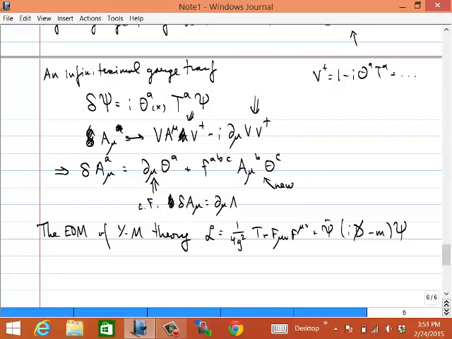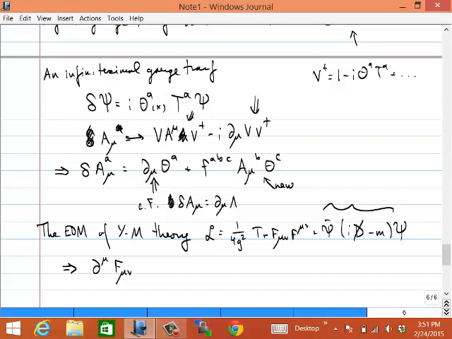So in electromagnetism, let's just ignore this matter term for a minute. The equation of motion is Maxwell's equation. So that says that d mu F mu nu is equal to 0.